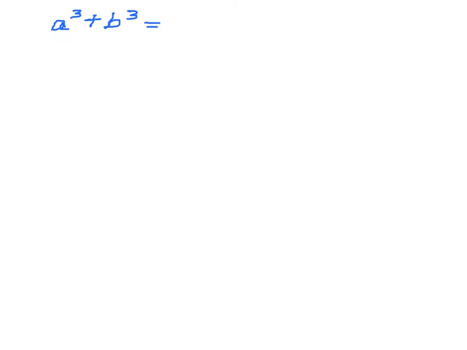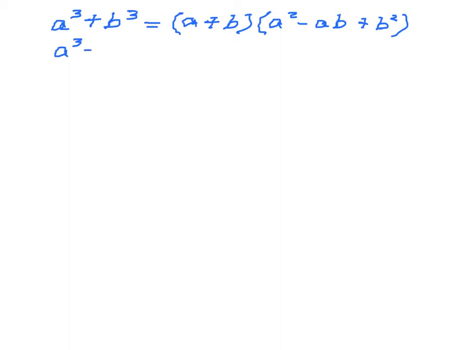And that is simply equal to a plus b times a squared minus ab plus b squared. So that's the sum of cubes.